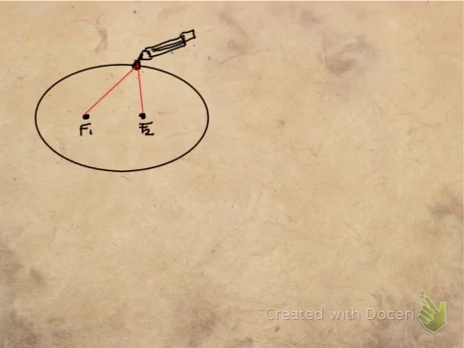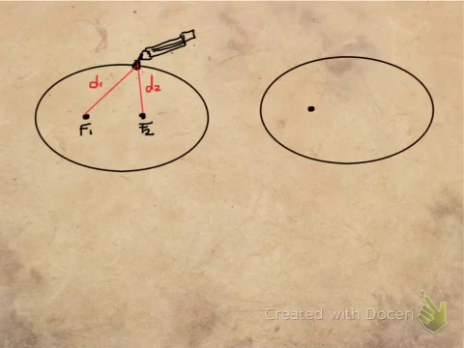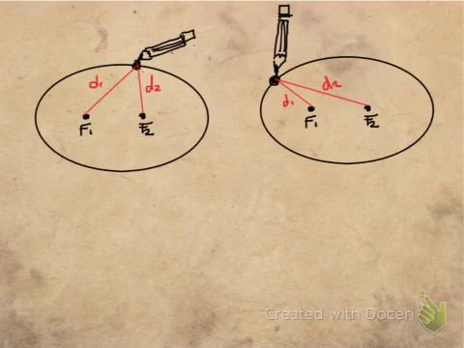If I move the pencil over a little bit, then distance 1 and distance 2 change, but the length of the string does not change. I still have the same length of string. So distance 1 plus distance 2 is still the same distance. What changes is the length of distance 1 and distance 2.